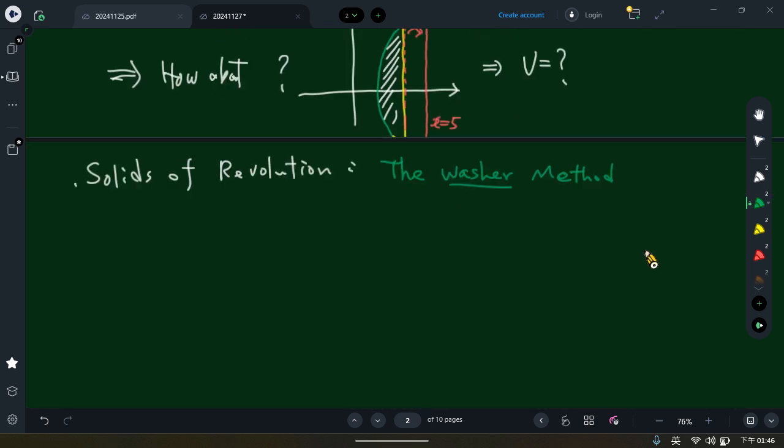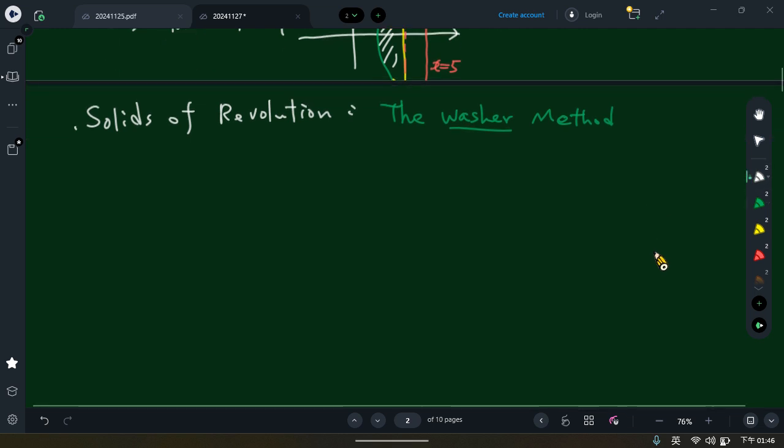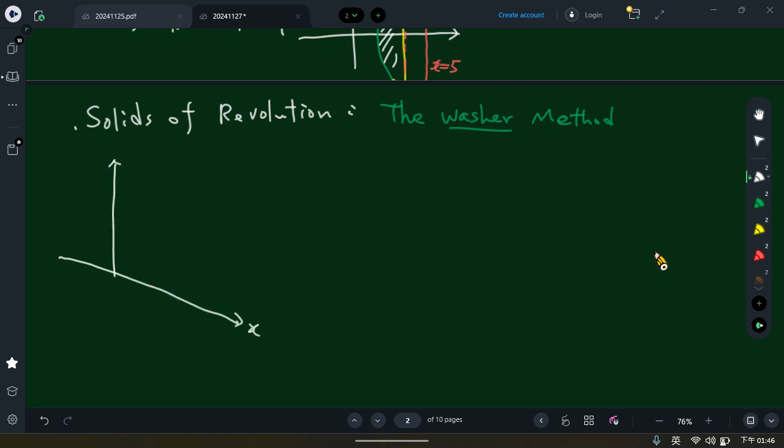Actually the typical washer method just applies the disk method twice. For example, this is the outer curve, y is equal to big R of x, and there is also an inner curve, y is equal to small r of x, from x is equal to a to x is equal to b.